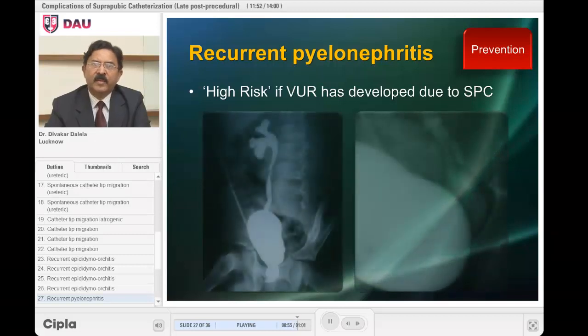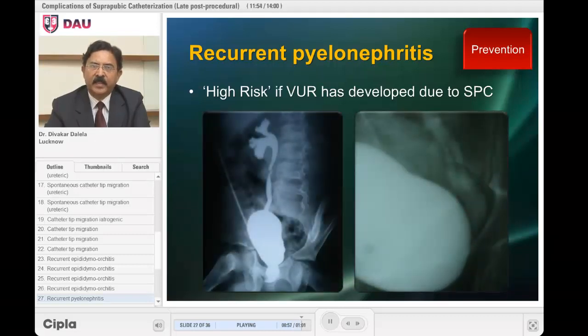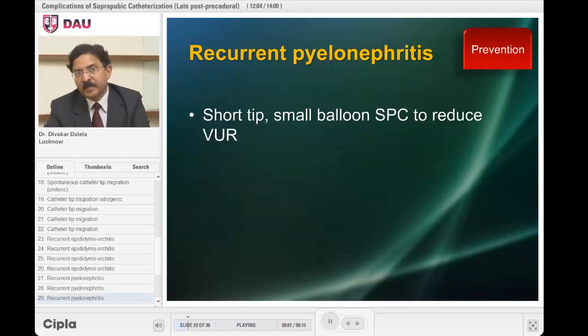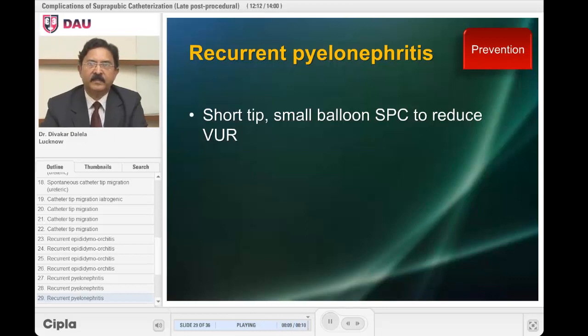It shows reflux on one side and there is a suprapubic catheter in place. So this patient is more prone to development of infection. In this patient, give anticholinergics to control bladder spasm. Change the SPC, smaller balloon, smaller tip, give culture specific antibiotics, and then you can be successful in managing it.